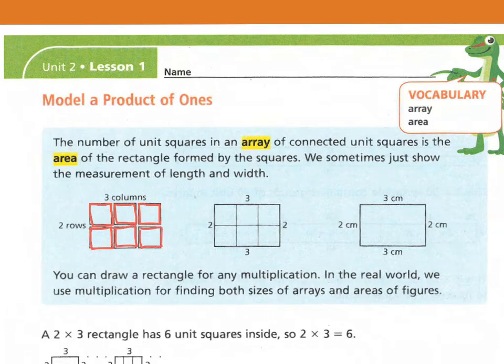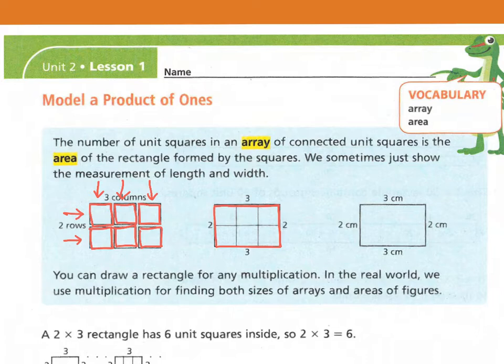So in this first section here, I have 3 columns, which are going down, and I have 2 rows, which are going across horizontally. When I arrange my unit squares into an array like this, I can push them together and create an area, or the space that is on the inside of my rectangle.